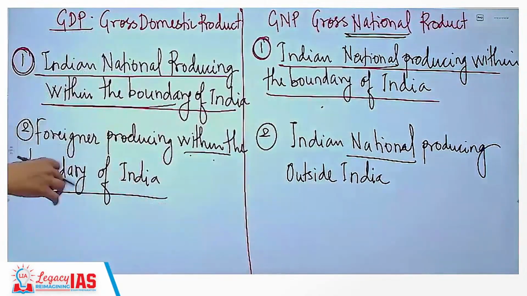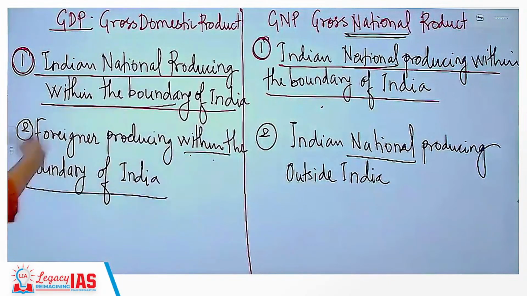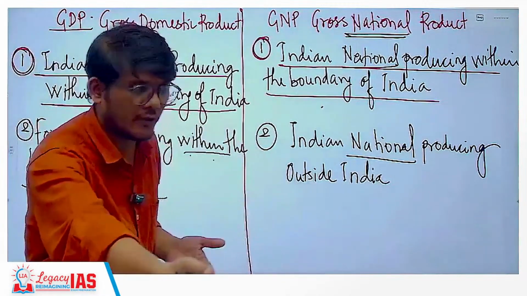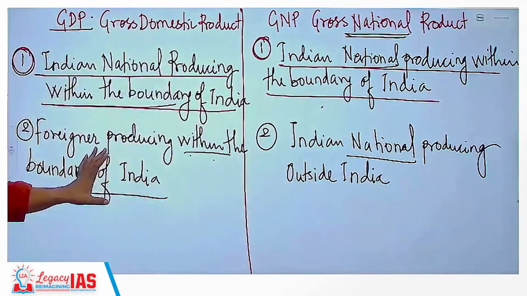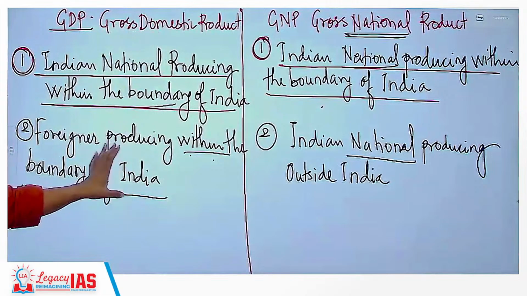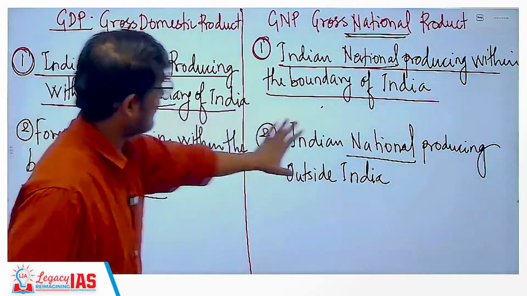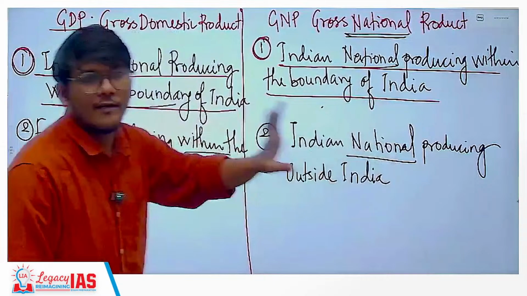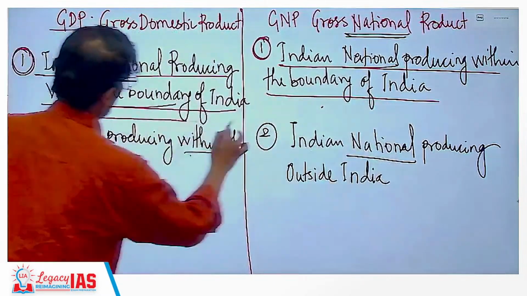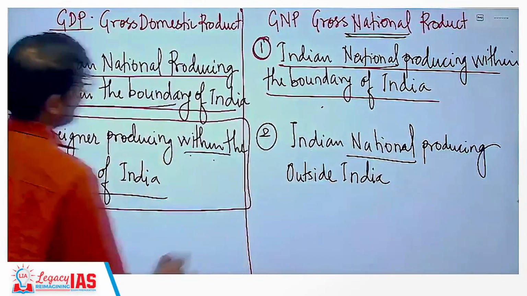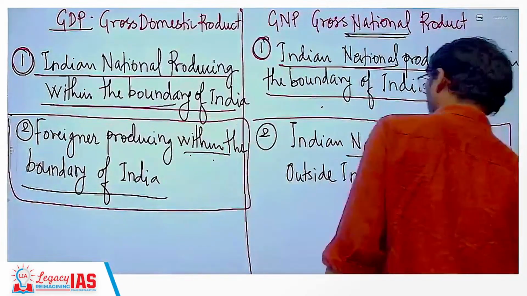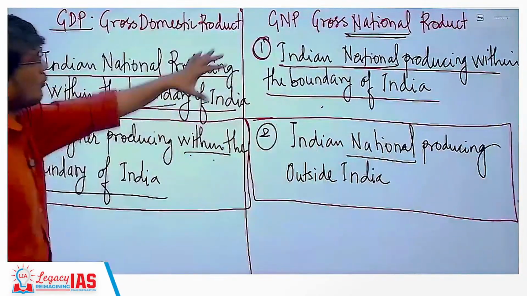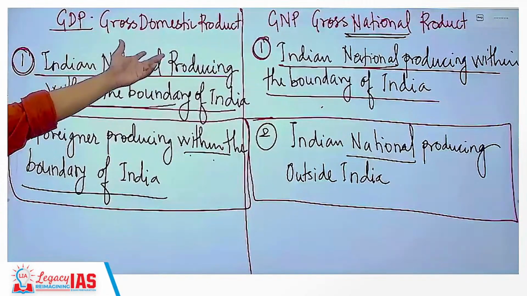If more foreigners are producing more things in India and very few Indians are going abroad and producing, then GDP will become more. Correct? So in the relation between GDP and GNP, which is more will be decided by this particular thing, because the top one is common. Correct? Clear?